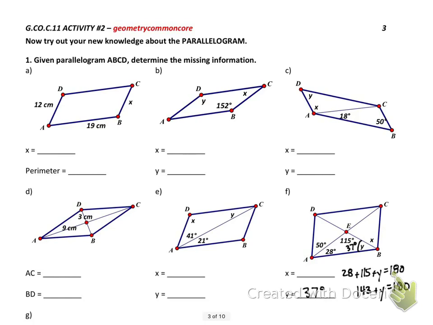For x, we are going to have to do something a little different. We're going to have to think about the properties that are true for parallelograms. What do you think? You could. I'm not sure that's going to help us here.